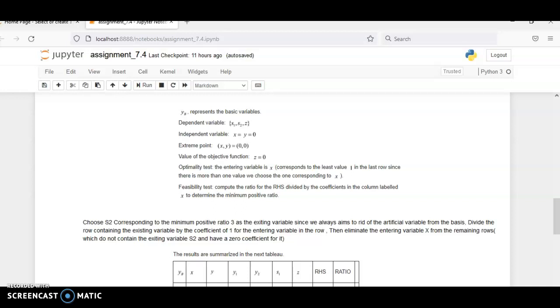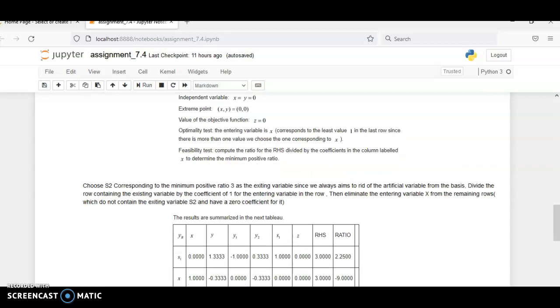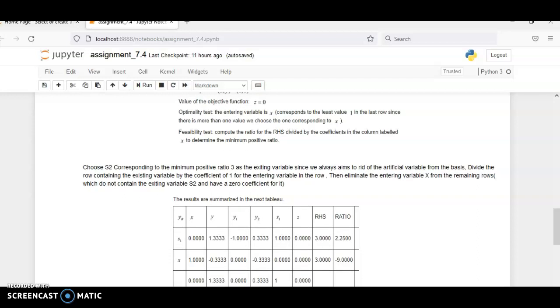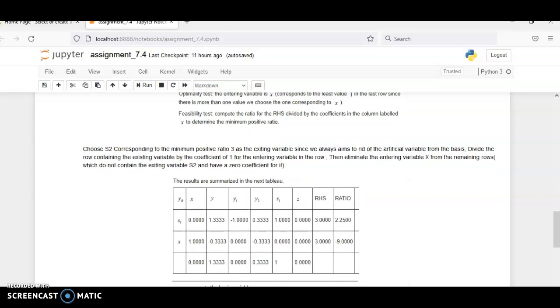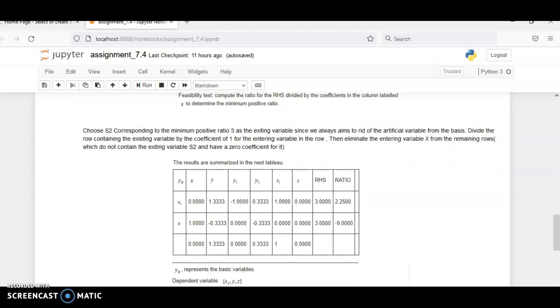And feasibility testing: compute the ratio of the RHS divided by the coefficient in the column labeled x to determine the minimum positive ratio. Choosing s2 corresponding to the minimum positive ratio 3 as the exiting variable, since we always aim to write off the artificial variable from the basis.